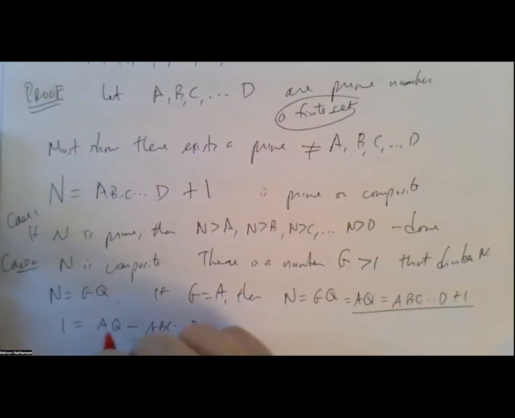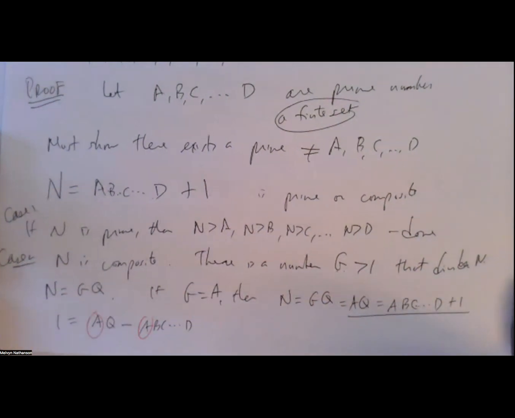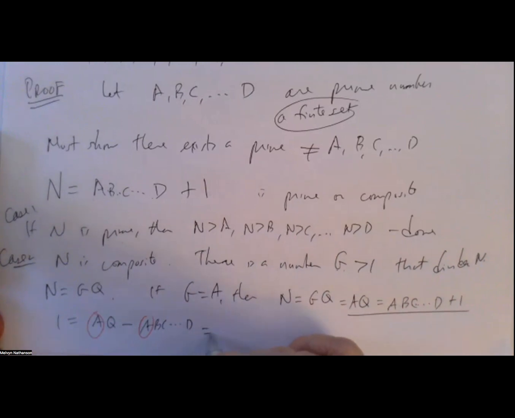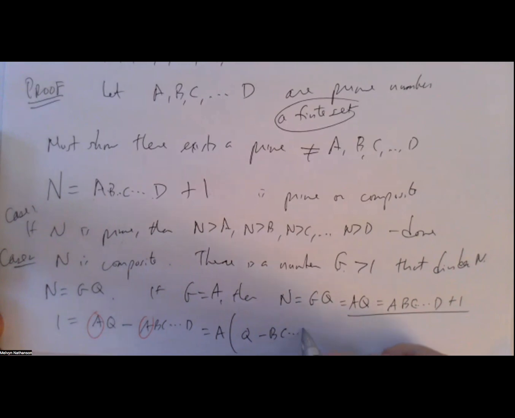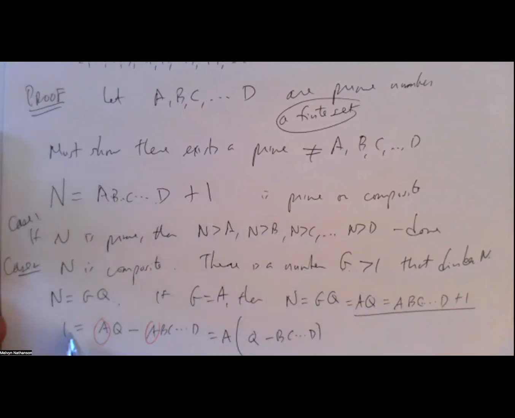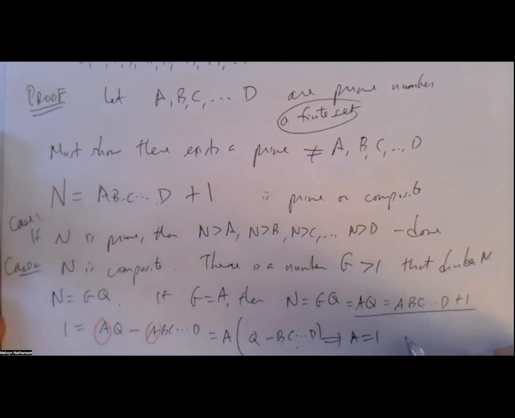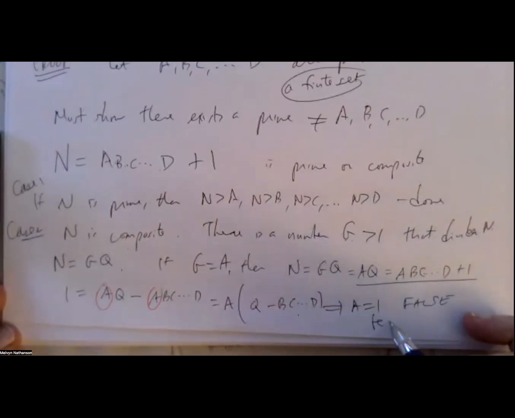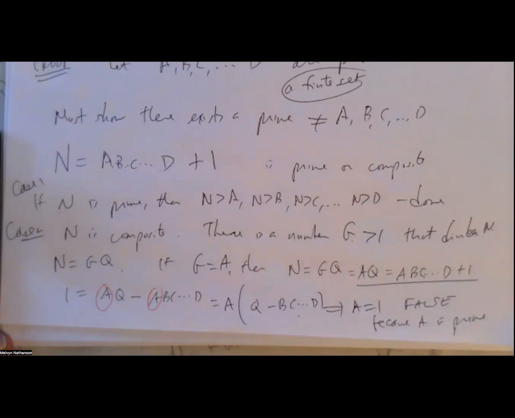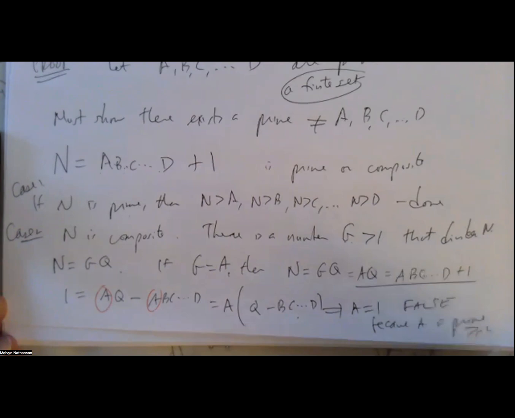And you notice in this, I have the number A occurring, so I could factor it out. So this is A times Q minus the product of B, C, and so forth up to D. So 1 is this product, but the only way 1 factors is 1 times 1. So A equals 1, which is false because A is prime. A prime number is greater than or equal to 2.